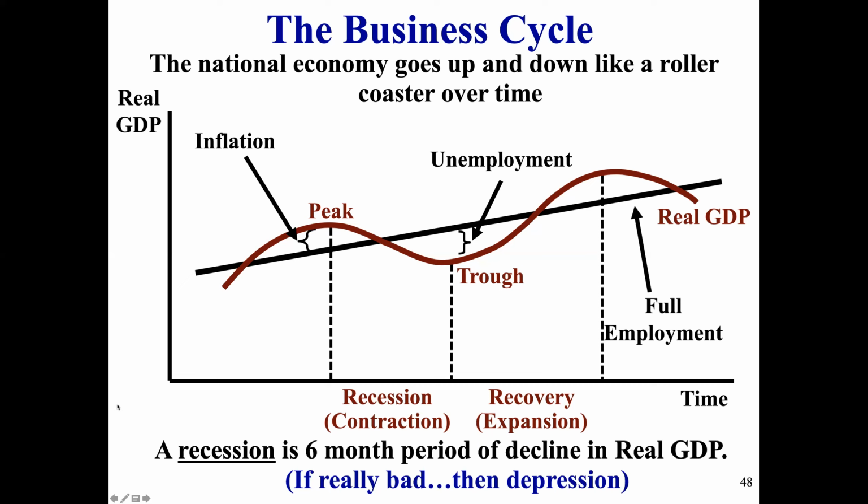Okay, and to jump forward a little bit and give you a preview about what's going to happen in this class: once we get to fiscal and monetary policy, what modern governments try to do is not stop the business cycle, because if you're in a free market economy, you're going to have expansions and contractions. Okay, but what we try to do with fiscal and monetary policy is ride this out.